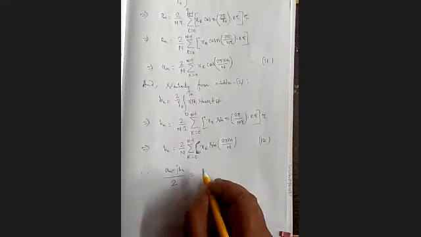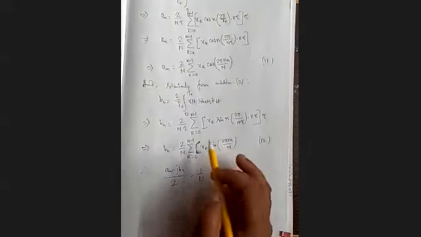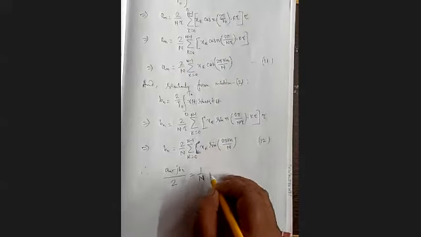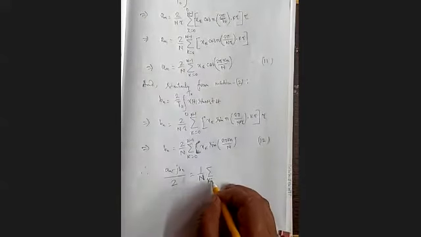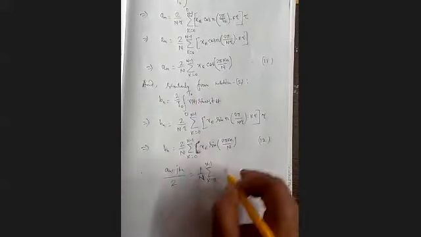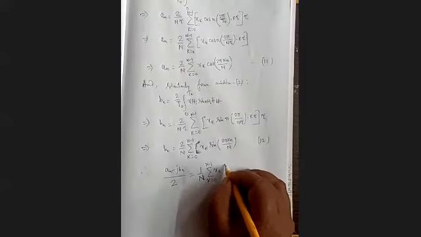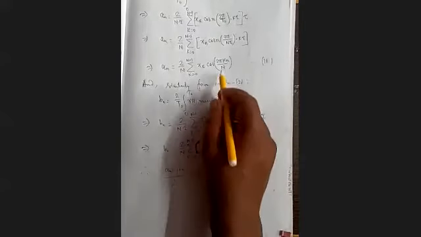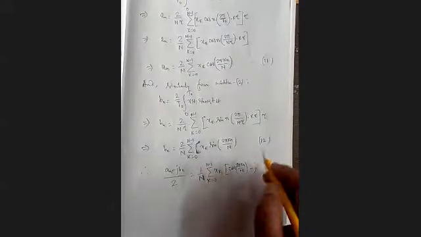So it will be simply 1 by N summation, k equal to 0 to N minus 1, xk is common, then an cos 2 pi kn by capital N minus jbn, bn means the sine term, sine 2 pi kn by capital N.